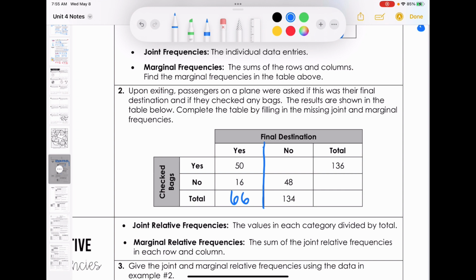In our second column, I have the total, and I have how many people did not check their bags. So I want to find how many people did check their bags. So I'm going to do 134 minus 48, and that's going to give me 86.